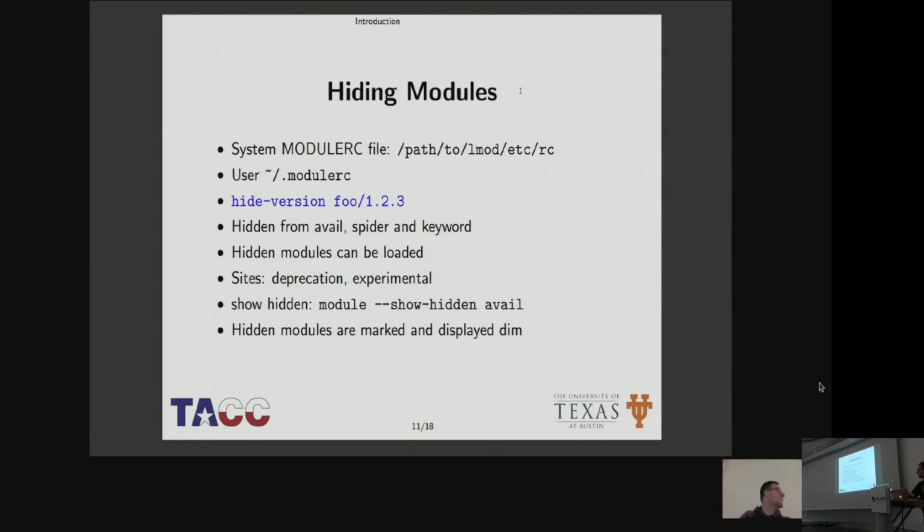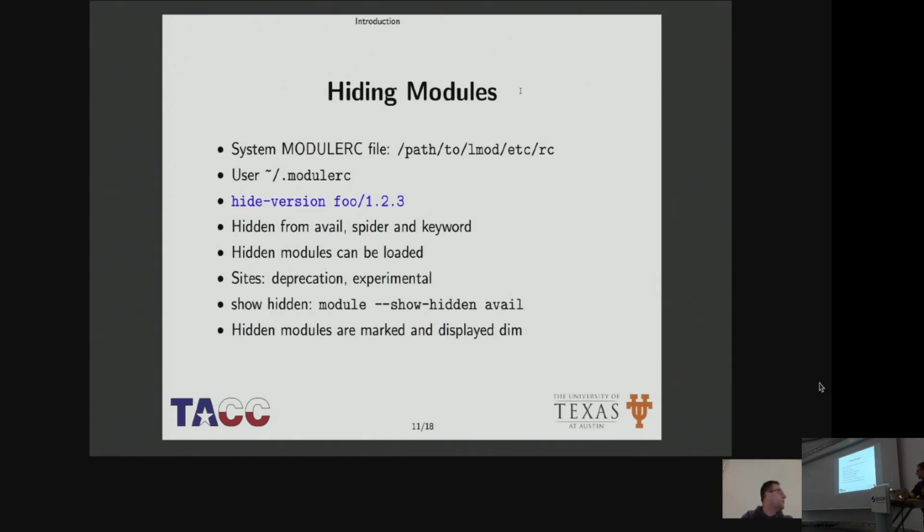So the idea here is that if you're a site that never removes a module or rarely removes a module, but you don't want your users over time to use the old stuff, you can hide it, but people's scripts will continue to work. In other words, a module load deprecated version 1.0 will still work, assuming the module is still installed.